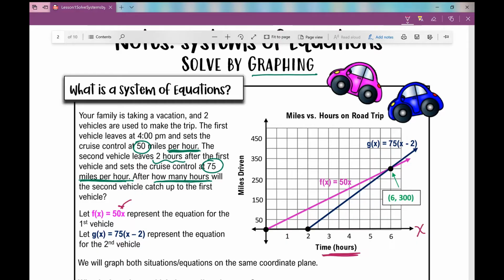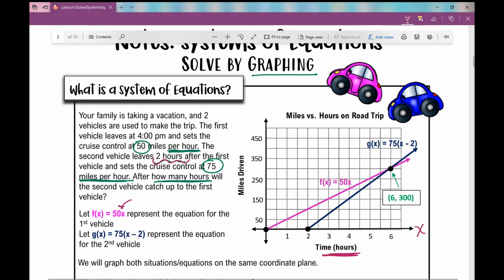Then we're going to let g of x equal 75 times x minus 2. I wrote it like that because the second vehicle is going to leave 2 hours after the first vehicle. So I'm going to take my x value and subtract 2 first, because we're leaving 2 hours after that first vehicle.